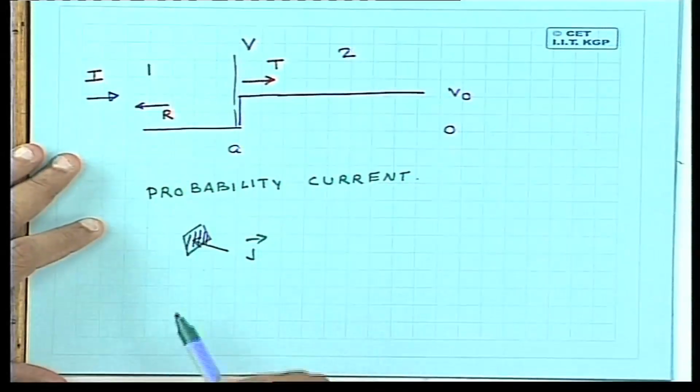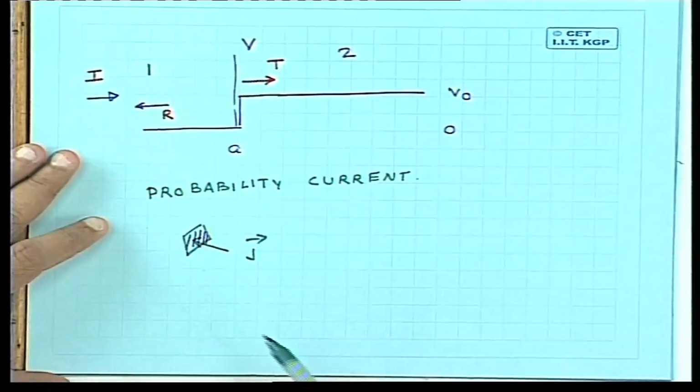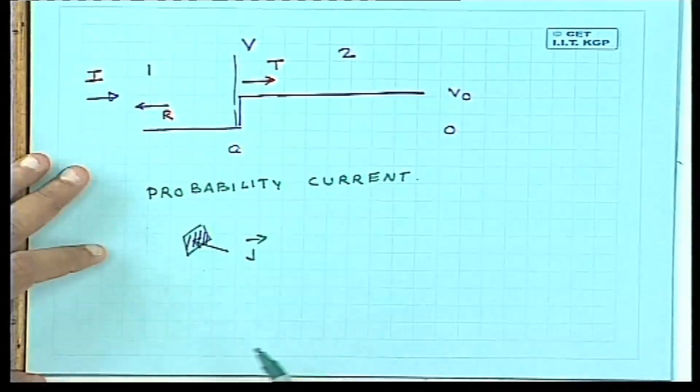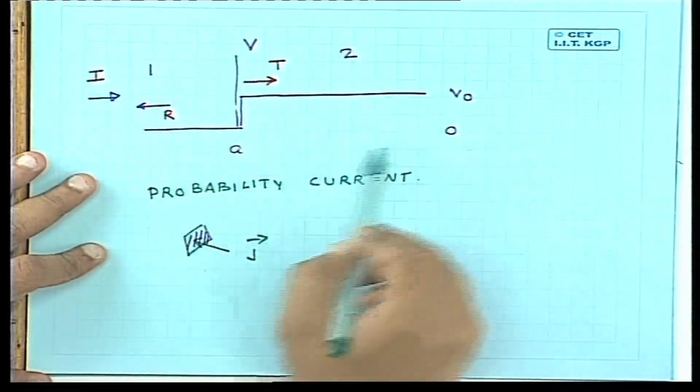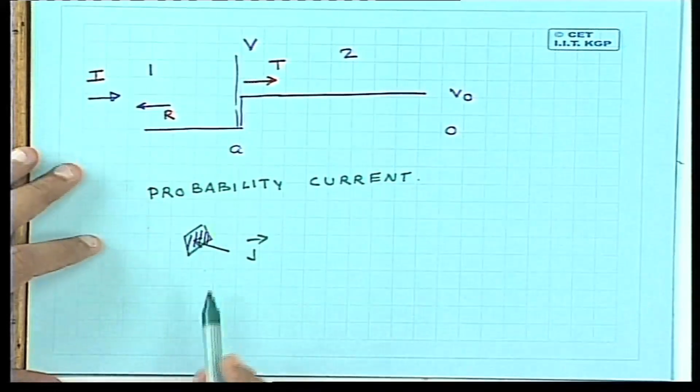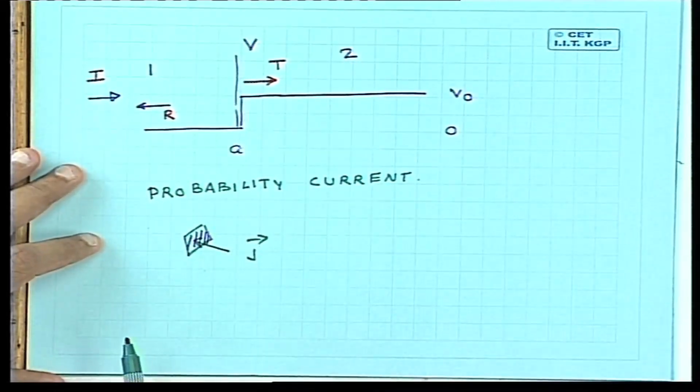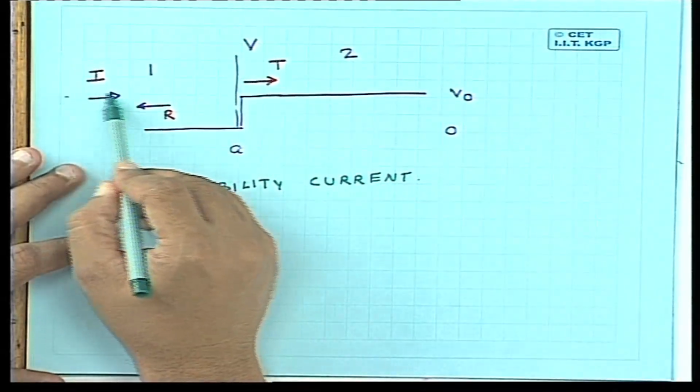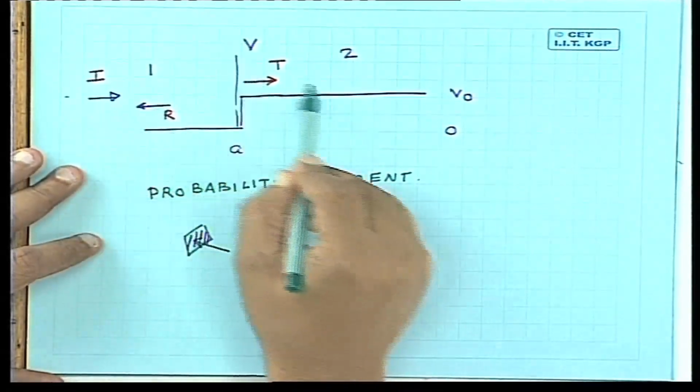So the probability current gives us an idea of the rate at which the particle is flowing across that surface. Okay. So if you want to study this situation, you have to look at the probability currents for the incident wave, the reflected wave and the transmitted wave.